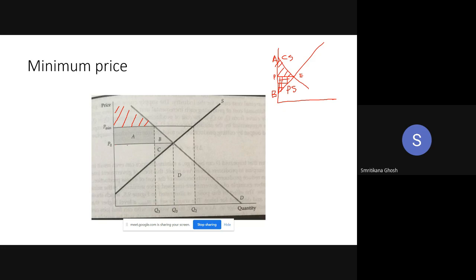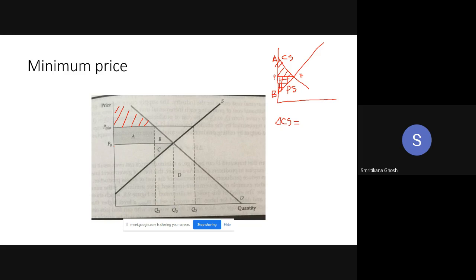So the question is how much surplus they are sacrificing. This is called the change of consumer surplus, del CS. What is the amount of consumer surplus which the consumers are sacrificing because of this minimum price policy? Initially, the consumer surplus was above P naught. Now, it is above P min.